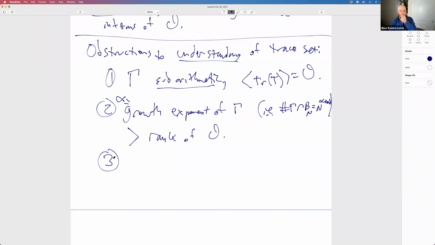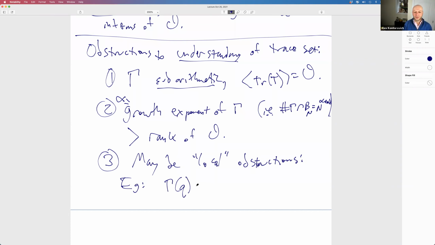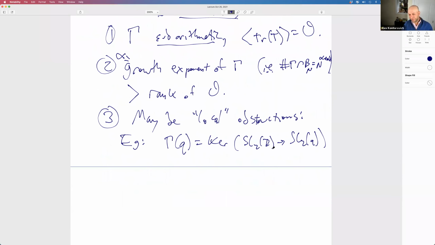Another thing that might happen, so already there may be local obstructions. For a very simple example, we can take the principal congruence groups of level Q. This is the kernel of the map from SL2(Z) to SL2(Z/Q). In other words, it's the matrices in SL2(Z) that are the identity mod Q. These are your typical lattices.